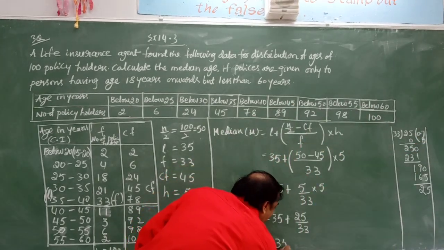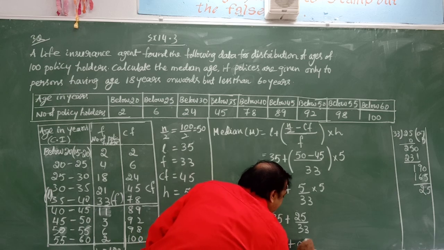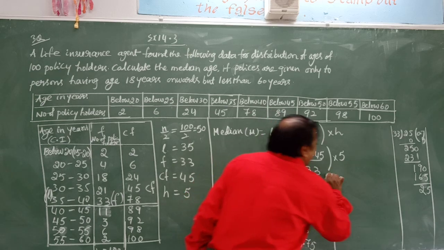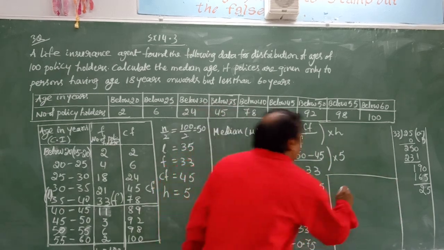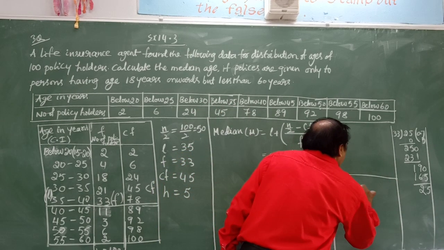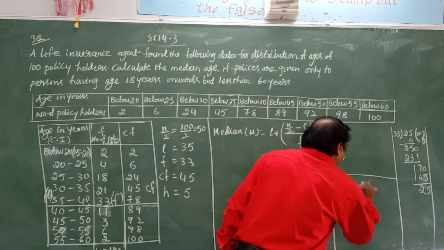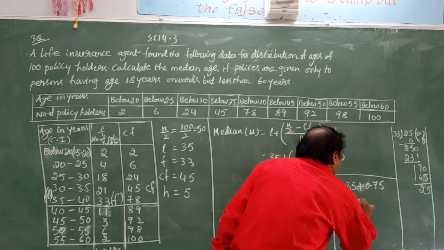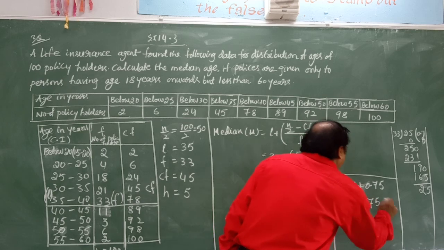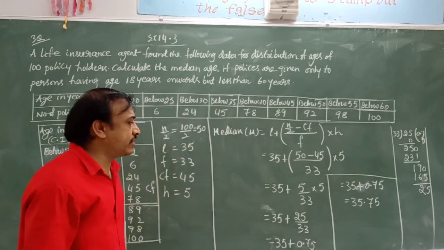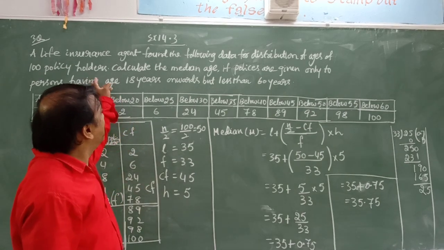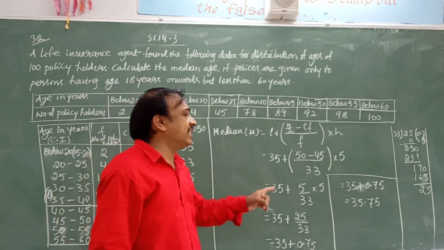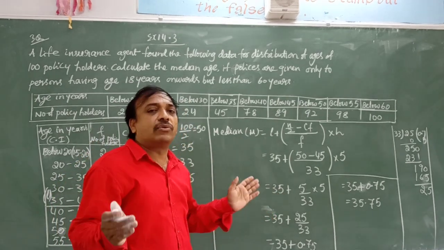So 35 plus 0.75 will be equal to 35.75. Approximately, what he is asking is the median age, approximately 35.75, which is rounded to 36.